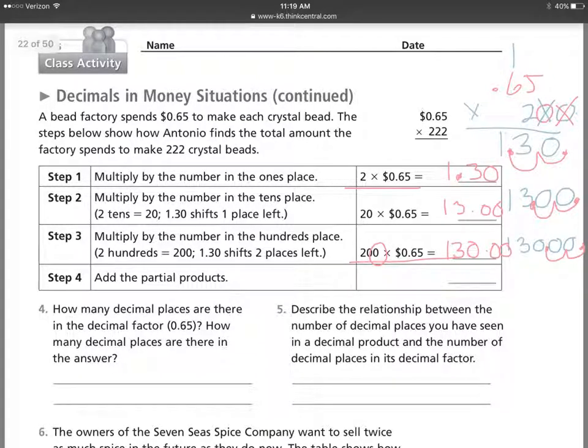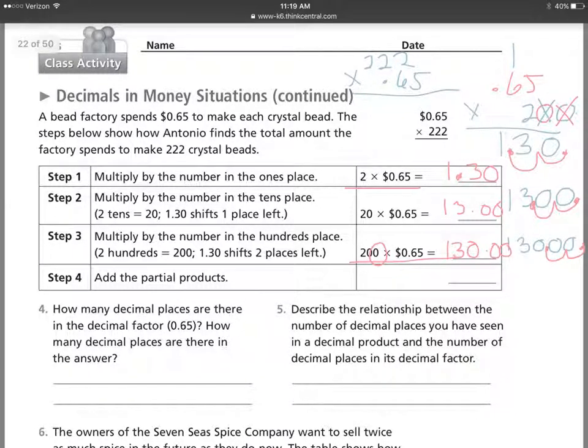Of course, the shorter, shortcut version would be simply to take your 222 and multiply it by 65 cents. This is the way I would write it, and I would again ignore the decimal and go about doing the traditional way of double-digit multiplication and then returning the decimal into my final product by moving it from the right to the left.